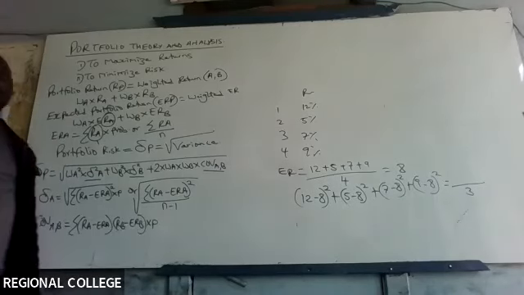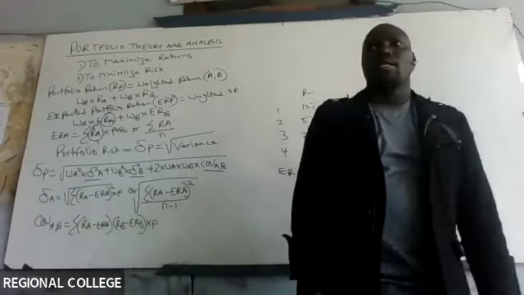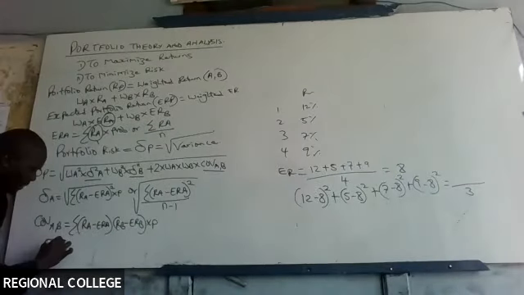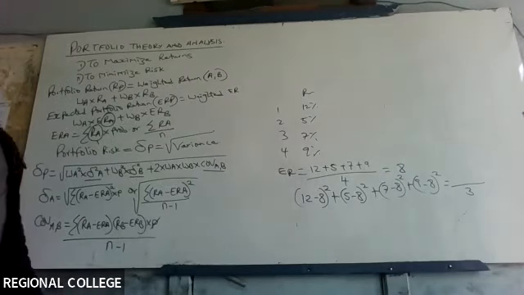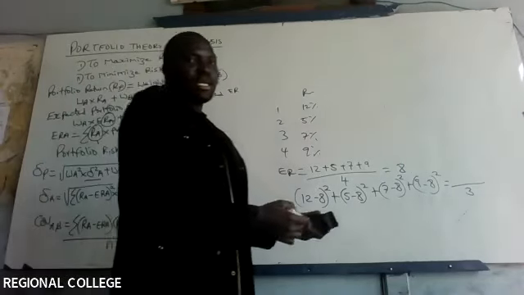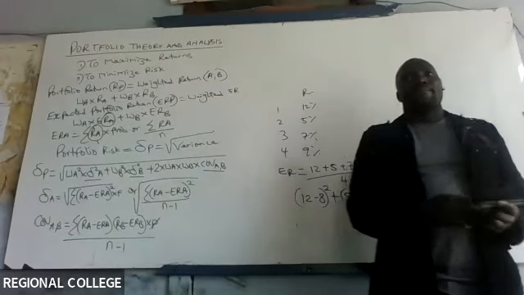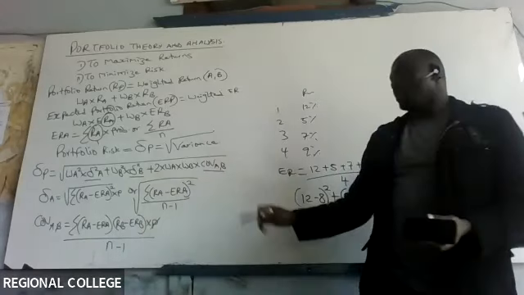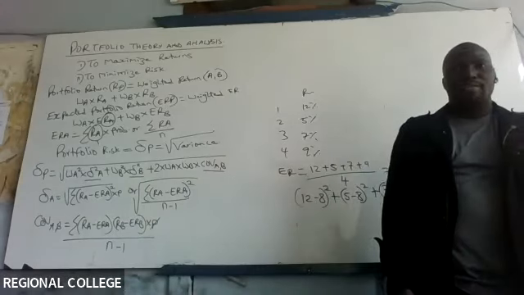If there is no probability, we divide by what? N minus 1 in absence of probability.